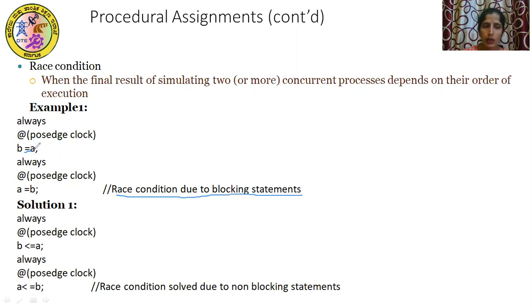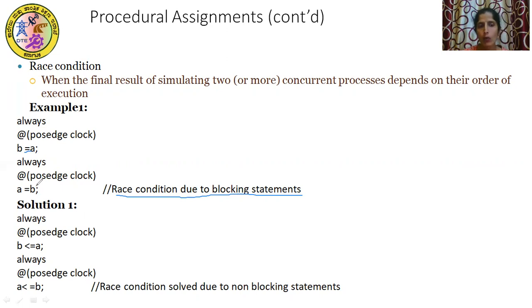We need to swap the content in registers A and B, which will not happen properly. Both A and B can retain the old values that were present in register A and register B.